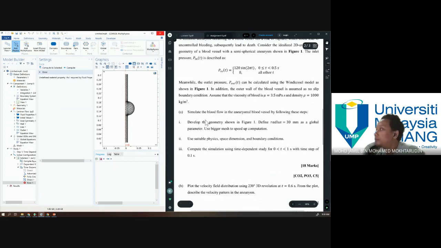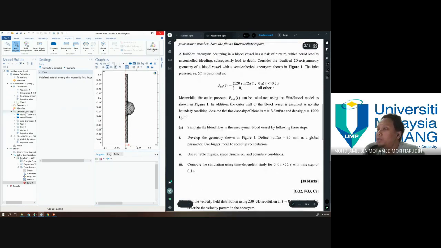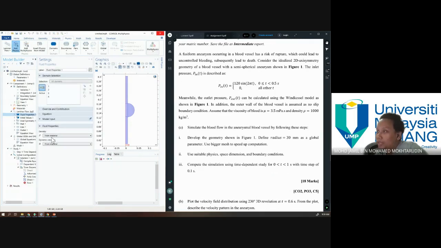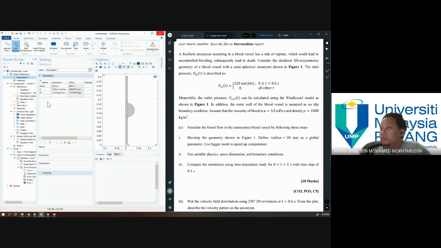Oh, not defined. Okay, so we didn't define mu and density. So density, rho, and mu. So we need to define in parameters. Rho, 1000, and mu, 3.5 millipascal.